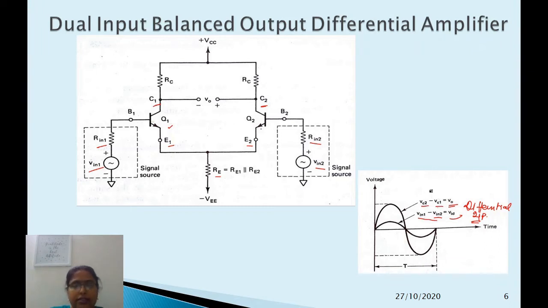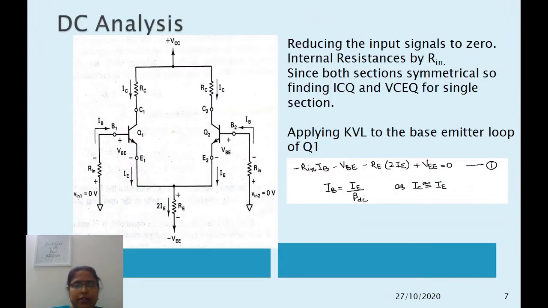So let us analyze this circuit. First of all, we will do the DC analysis of this circuit. For the DC analysis, we have to reduce the AC input signals to 0. So here you can see we have reduced Vin1 equal to 0 volt and Vin2 equal to 0 volt.